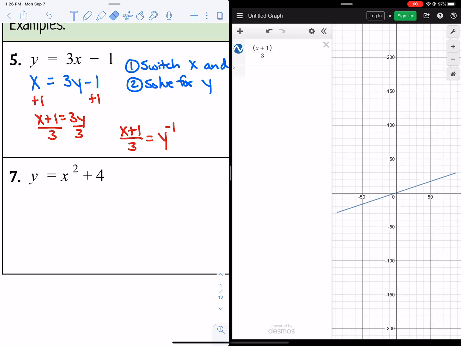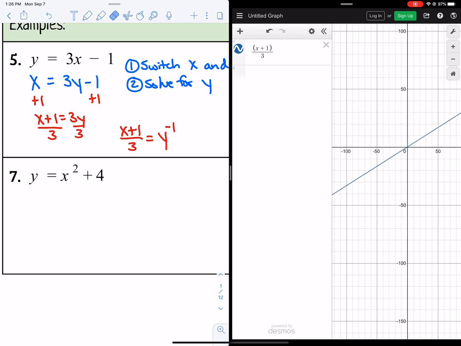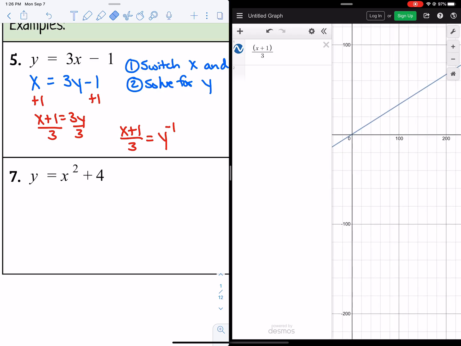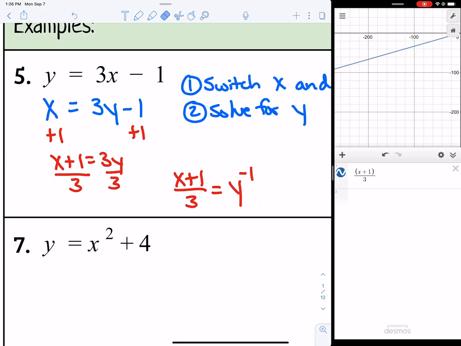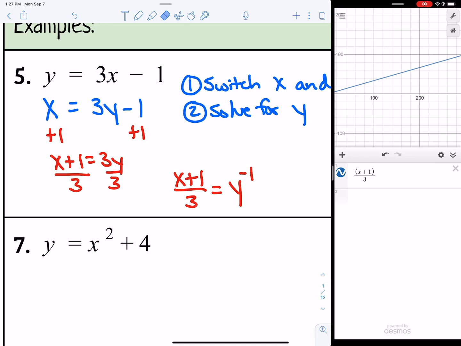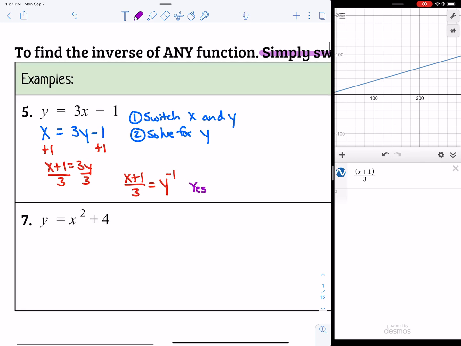So what you're checking for is, could you draw a vertical line through your graph and only touch it once? And since this is just a line that's slanted, I definitely could draw a vertical line through that graph and only touch it one time. So we would say, yes, this is a function. My inverse is a function.